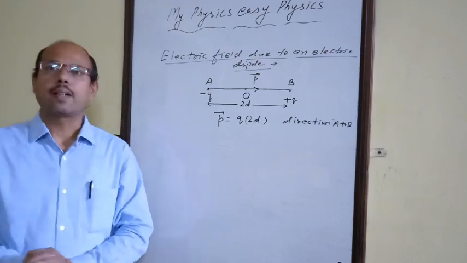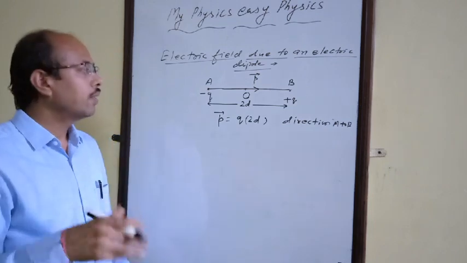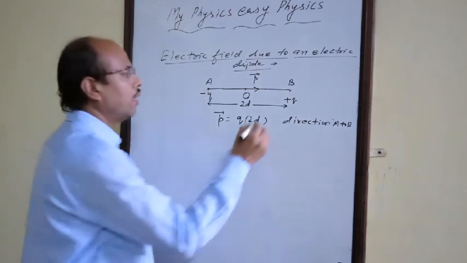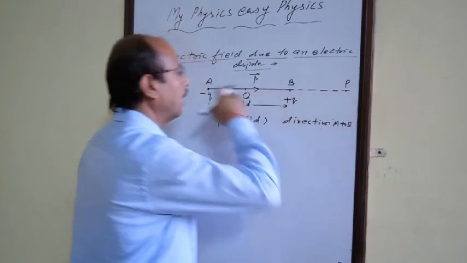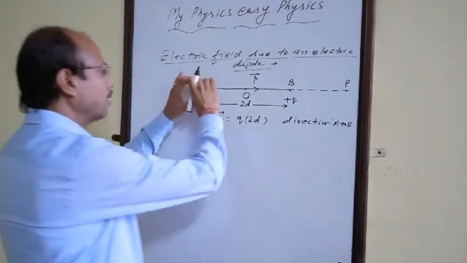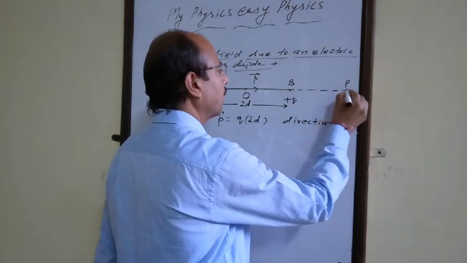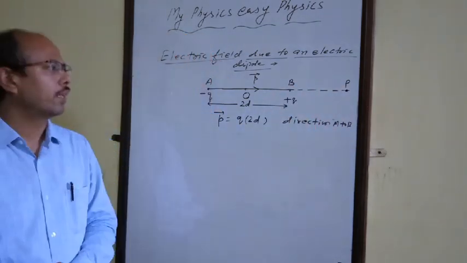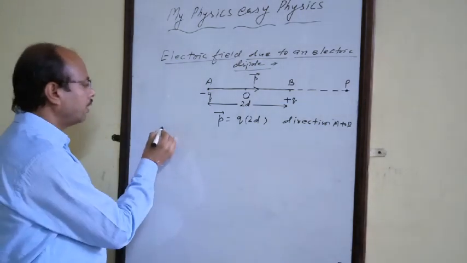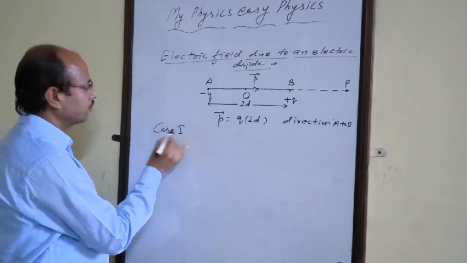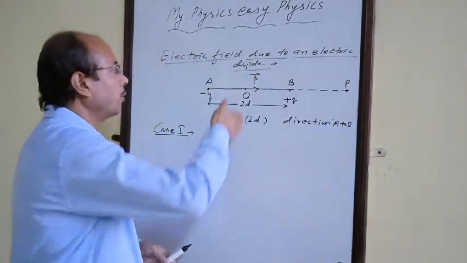Now using this electric dipole, we have to find the electric field intensity at different points. For the first case, we consider that the point P is on the axial line of the dipole. This line is known as the axial line of the dipole. Here is our point P. This point may be on the axial line, or it may be on the equatorial line.